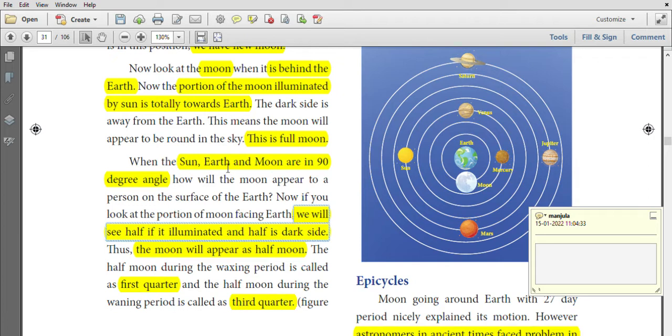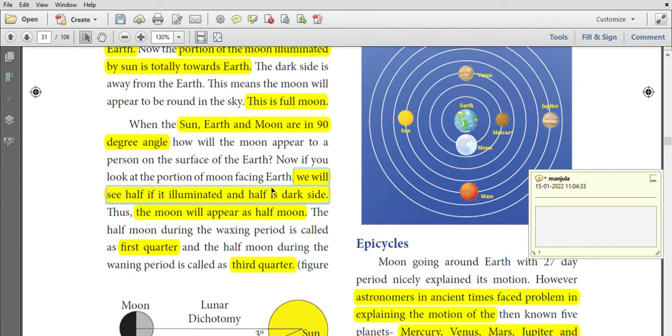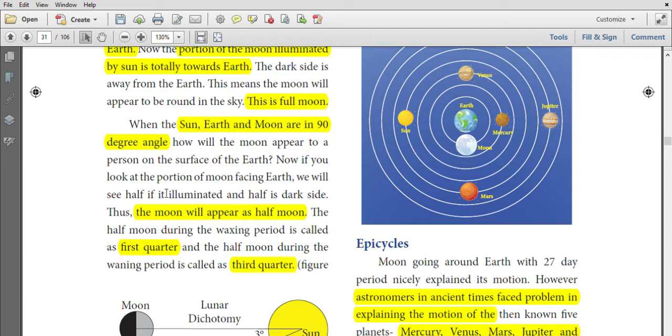When the sun, earth and moon are at a 90-degree angle, half of the moon is illuminated and half is in darkness.